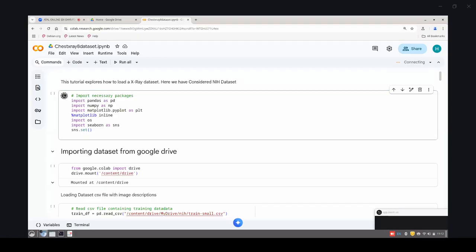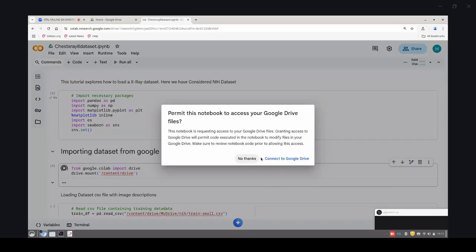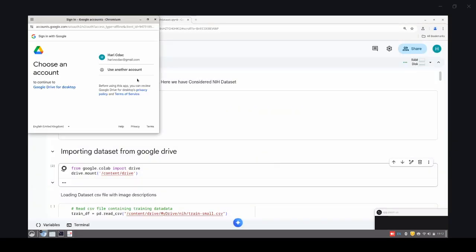So the NIH dataset, as I said, has 123,000 images, and it's a very big dataset. Since Colab doesn't support that many images and I'm using the free version, I'll stick to a subset of 1,000 images for demonstration purposes in the interest of time.